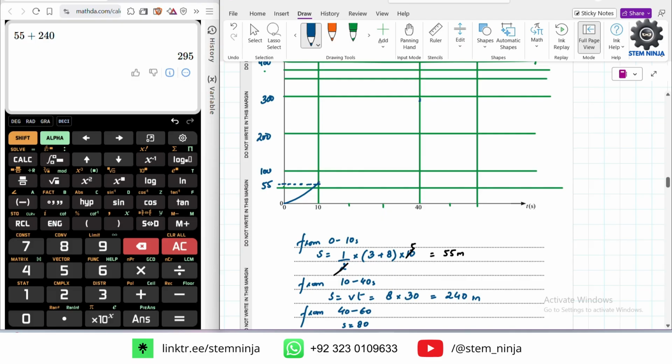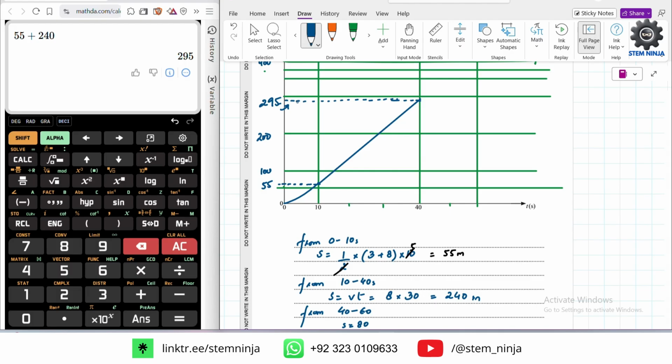Now this is going to be a straight line region because the velocity is constant, so very slightly below that. So 295. Actually, we should write 295 over here, right?